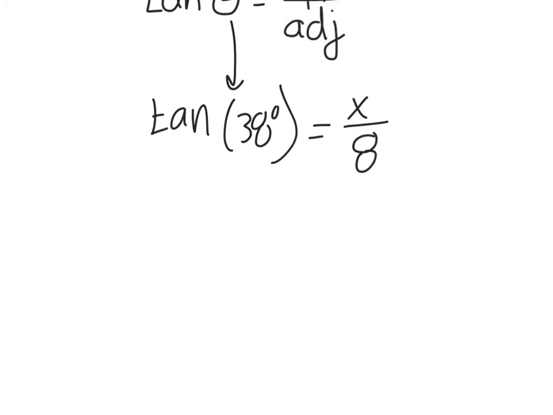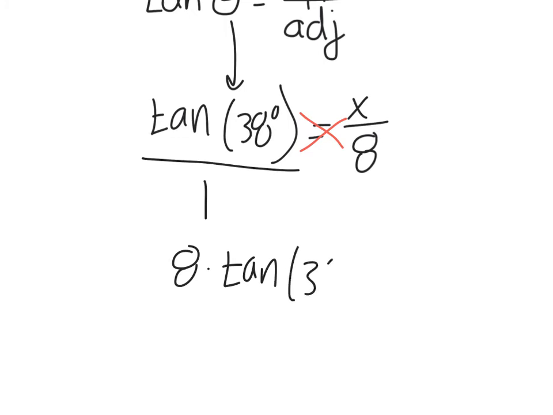So what I do now is I want to set this up as a ratio to solve. In doing so, I'm going to put this fraction on the left over 1 to make it a fraction, and I'm going to multiply both sides across as such. When I multiply across, I get that 8 times the tangent of 38 degrees, that's just a number, is equal to x times 1, which is just x.